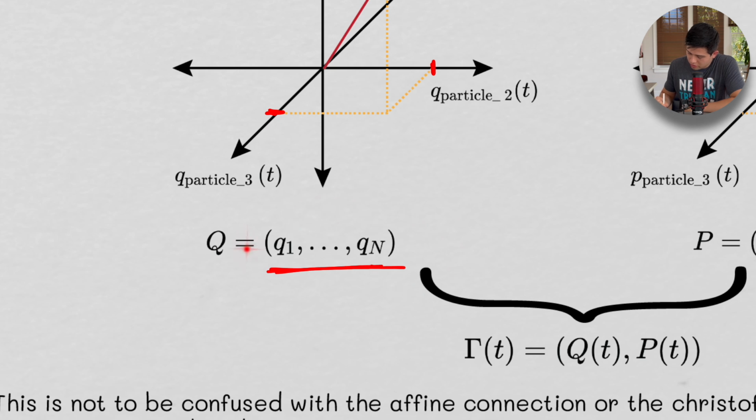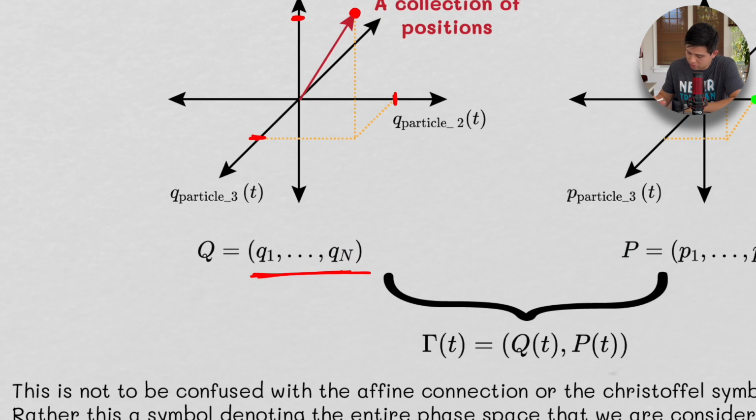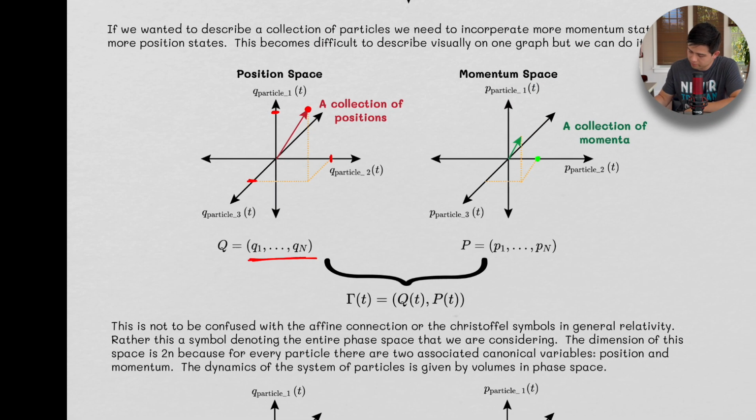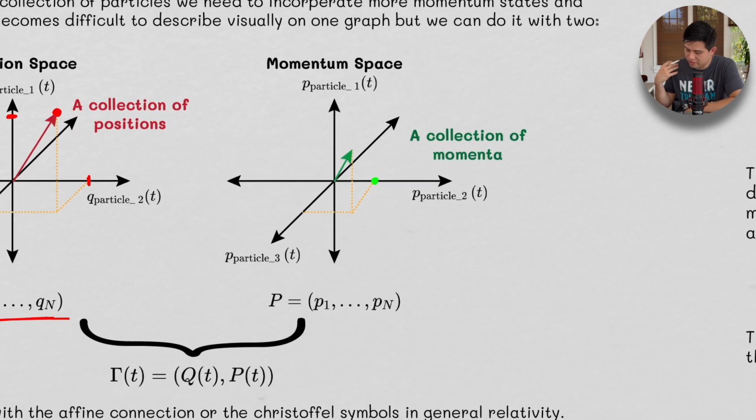So this is the collection of particles, n being the number of particles, and q is the point or the vector. We can make this a vector if you wanted to, but it represents a collection of positions. Similarly, we can represent a collection of momenta in this way.